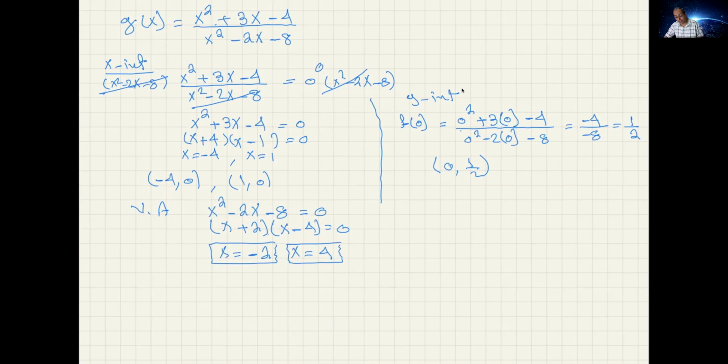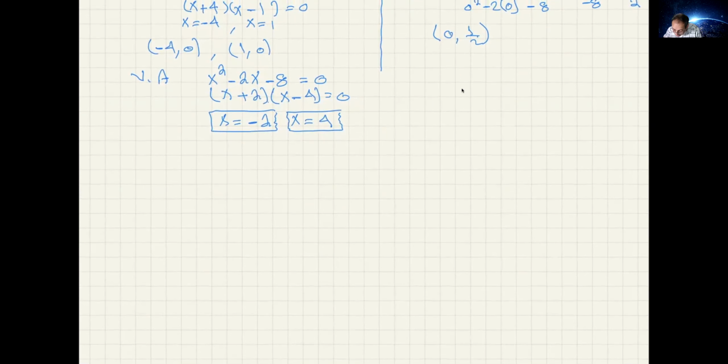So how many points? 1, 2, 3, 4. So I have to plot 4 points on the number line. In other words, I have to test 5 intervals. Okay, let's see.